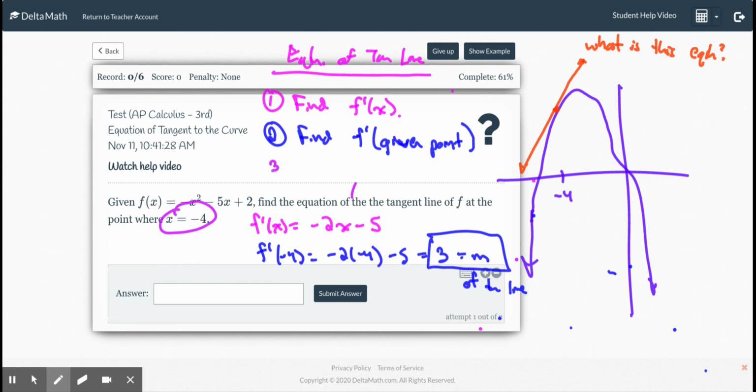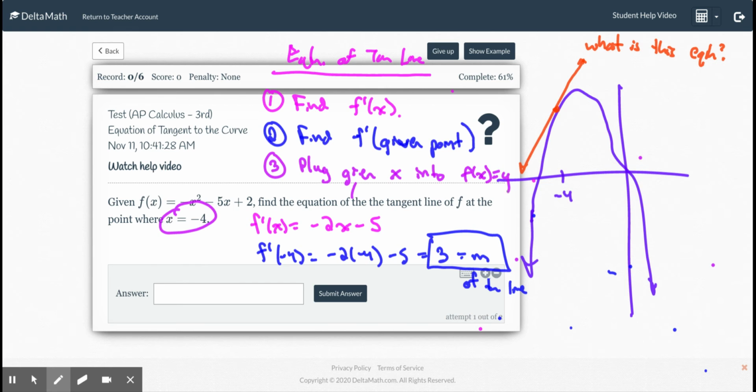So the next thing we're going to do is plug our given x into f of x, our original function. Sorry, this is a little bit sloppy here. So we're going to plug the given x into our function to get y.